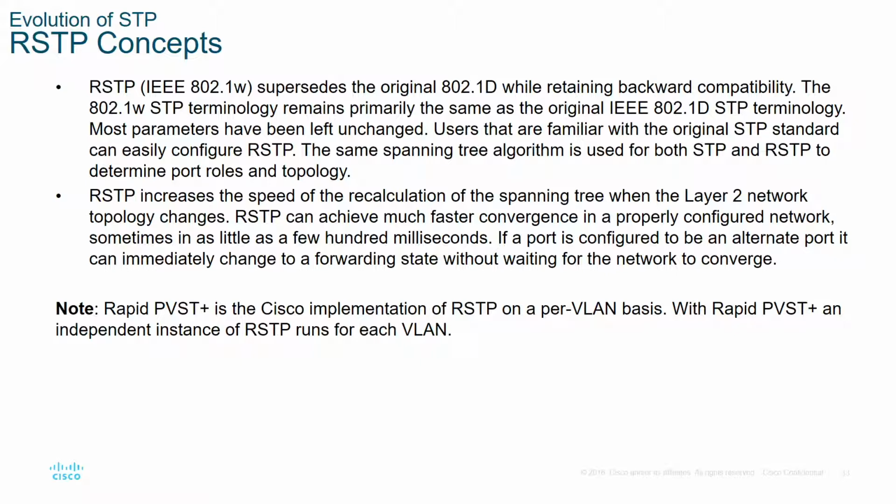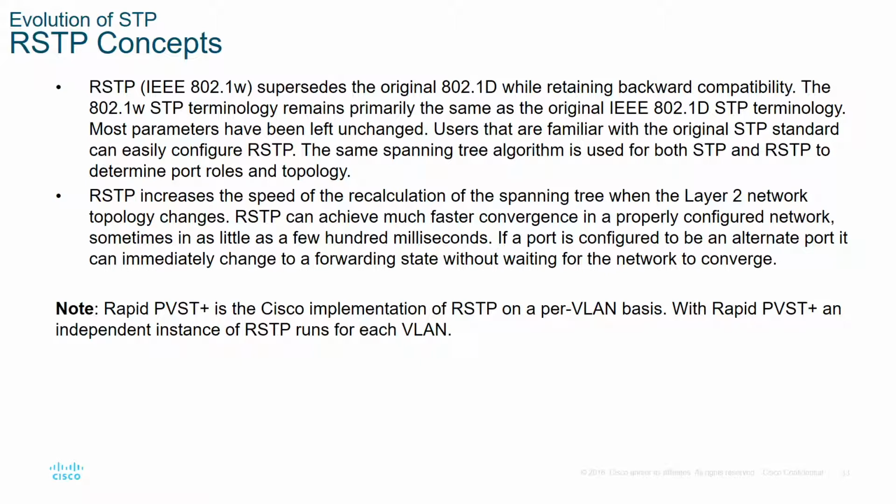So it's really, really fast, hence the term rapid, I suppose. If a port is configured as an alternate port, remember alternate port is the new terminology for a non-designated port, it can immediately change to a forwarding state without waiting for the network to converge. And that's really important in terms of keeping traffic going.